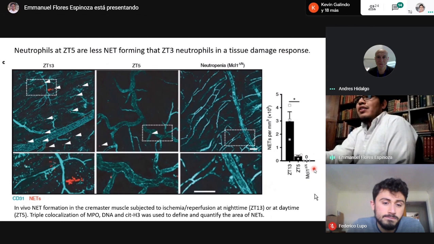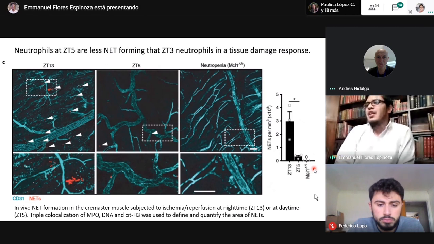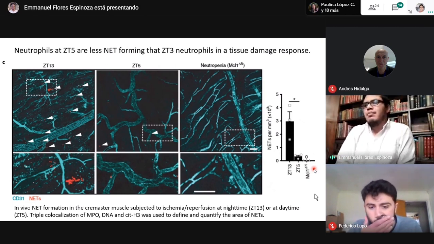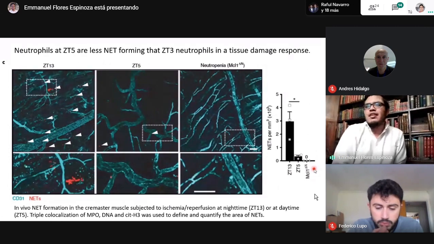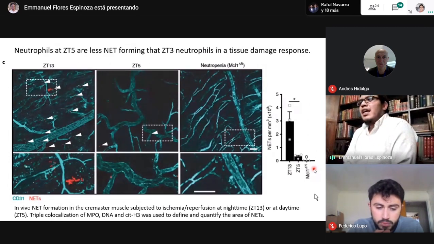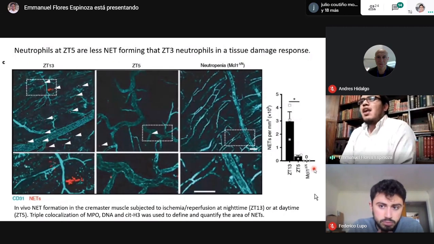And they also evaluated this phenomenon in vivo. They induced tissue damage by ischemia reperfusion in the mice, specifically in the cremaster muscle, and they evaluated the NET formation in this tissue after this process that induces tissue damage and neutrophil recruitment to this site.